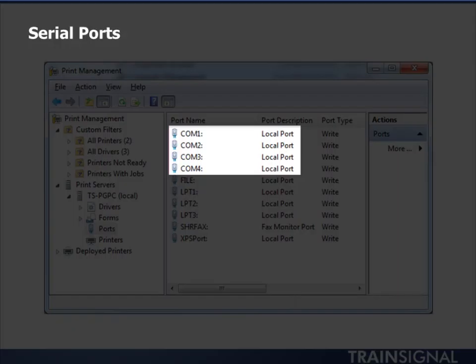Again, it's because we're still looking at things the way they were done in the old days. I don't want to go too deep into this because it's old stuff, but you can assign any one of the 4 logical COM ports to be associated with the one physical serial port in the back of the computer, if you only have the one.